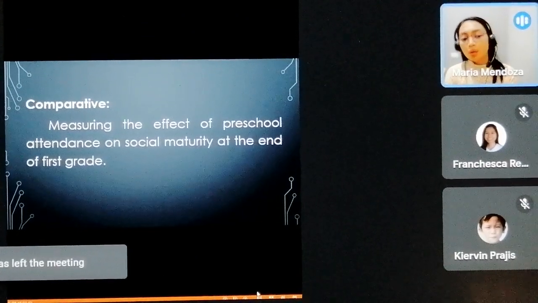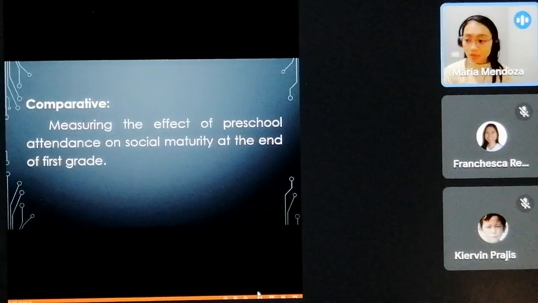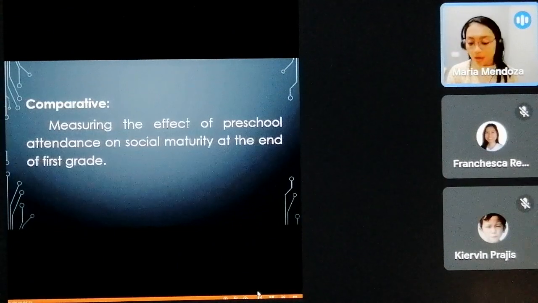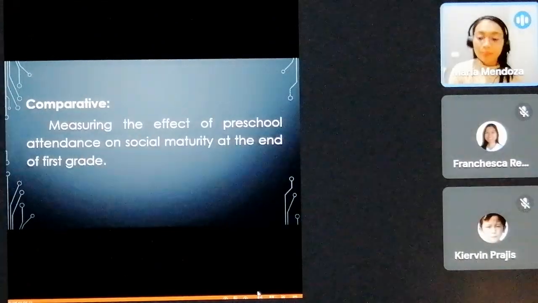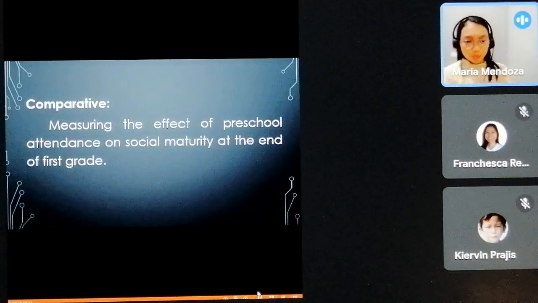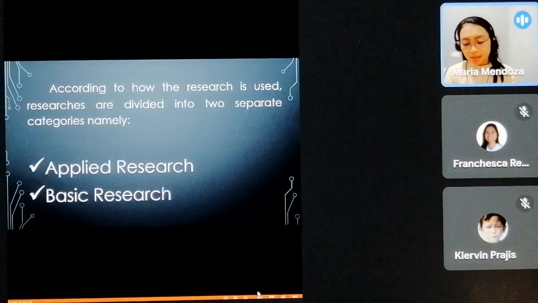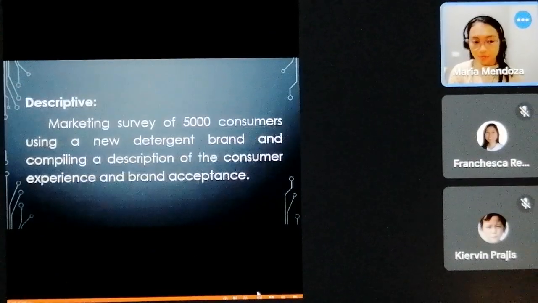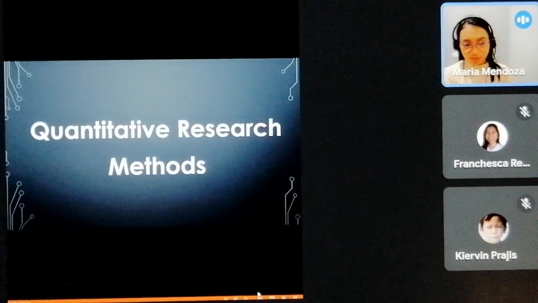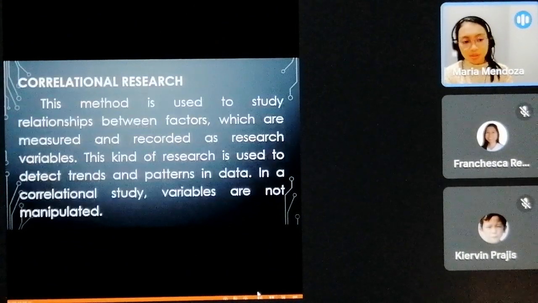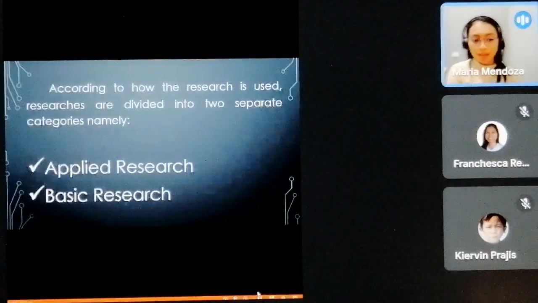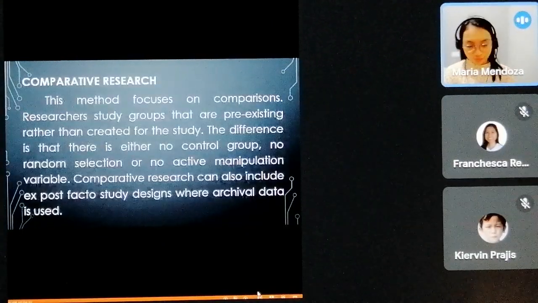Diba? We are into developing their confidence and their socialization. So maybe there would be things that we need to compare from the beginning and at the end of the school year. And those are the different quantitative research methods. Okay? The descriptive research, the correlational research, the experimental research, and the comparative research.